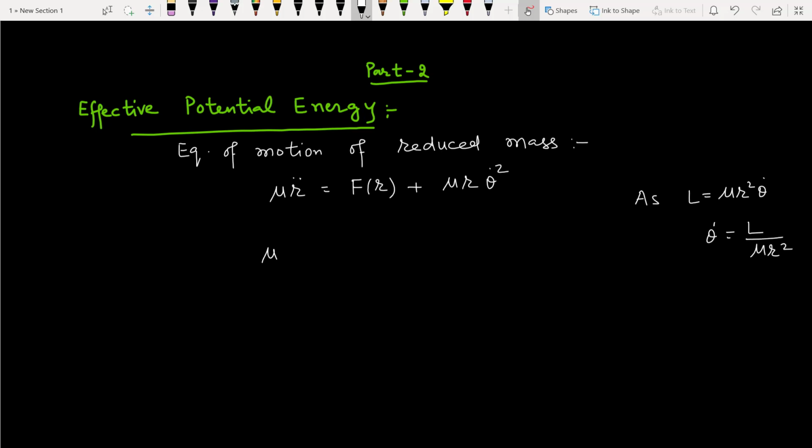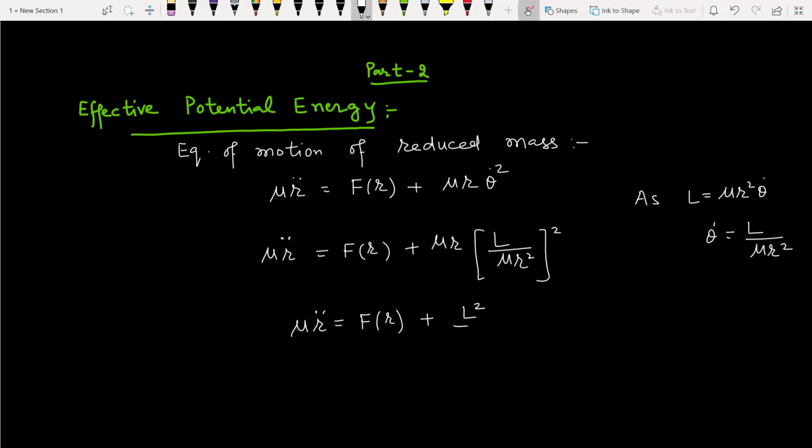If we substitute it here, L upon mu r square whole square, it is mu r double dot equals Fr plus L square upon mu r cube. We mark this as equation number 1.